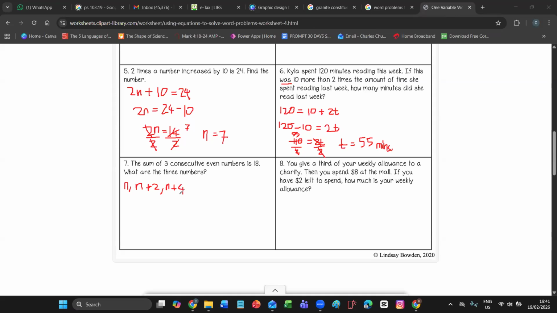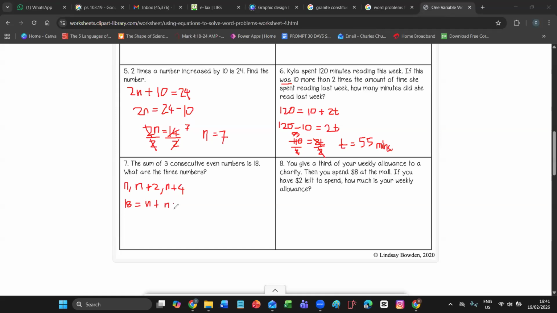But they told us that their sum is what? 18. At least that's the information they gave us. So we will now attempt to add the three of them. So we can now say 18 equals n plus n plus 2.